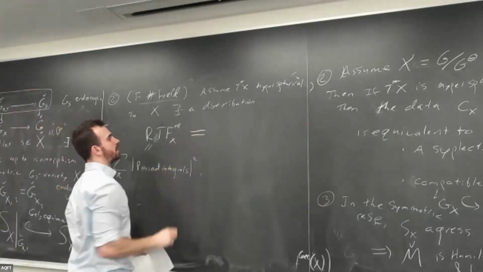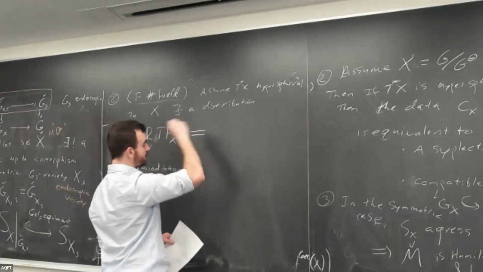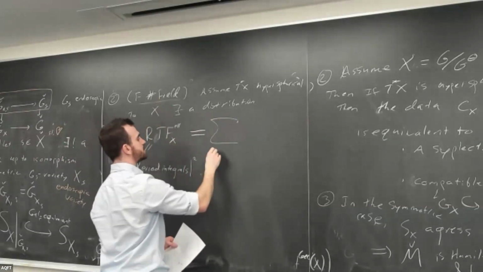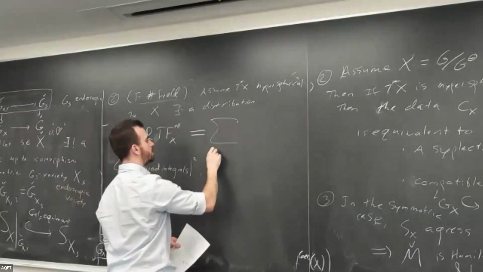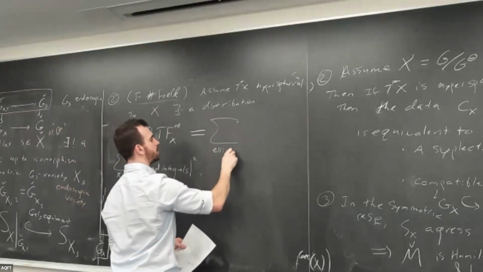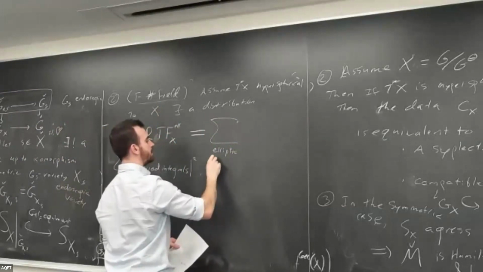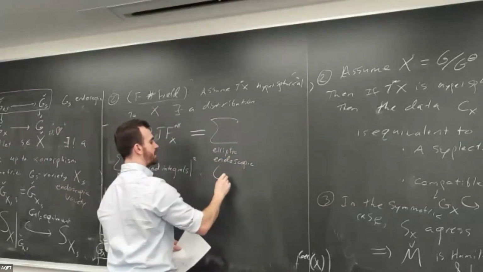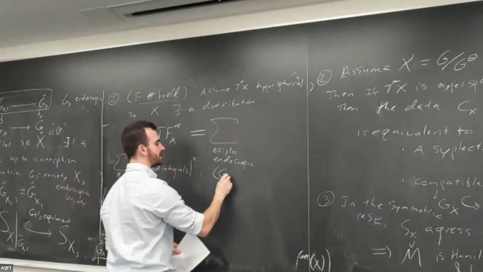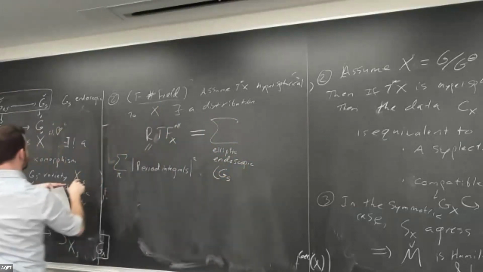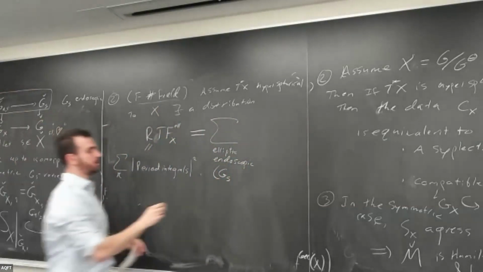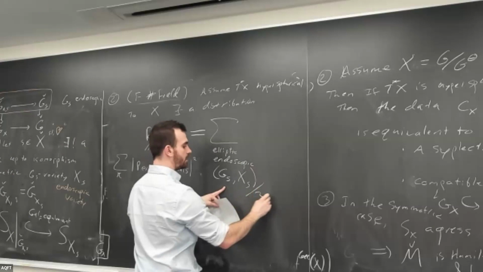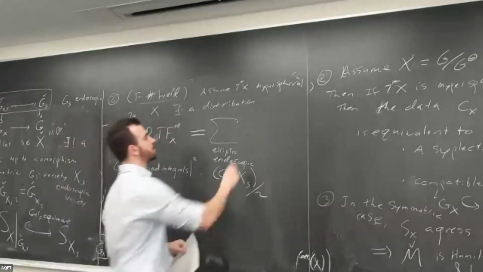There's what is called the pre-stabilization. So the theorem is that we can express this as a sum over elliptic endoscopic pairs, where I have an elliptic endoscopic group, which I'll call just GS to stick with the notation from this side of the board, and the endoscopic variety up to isomorphism.